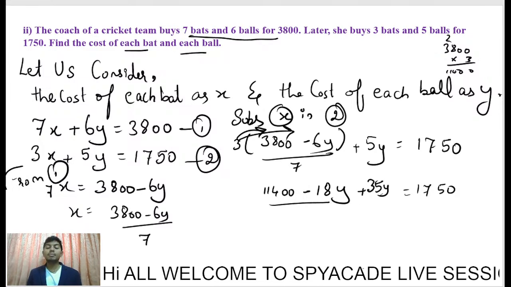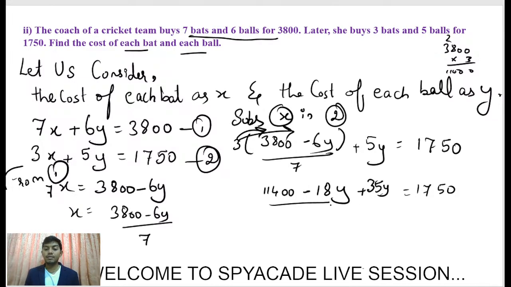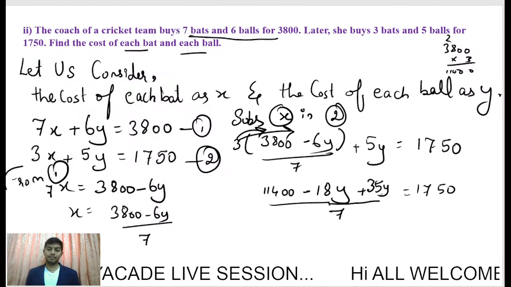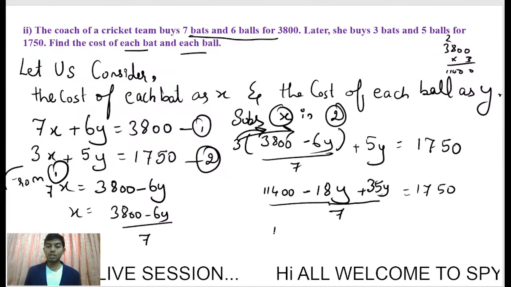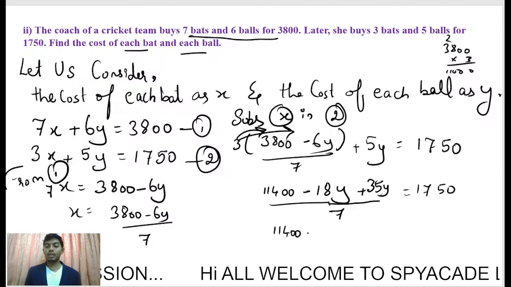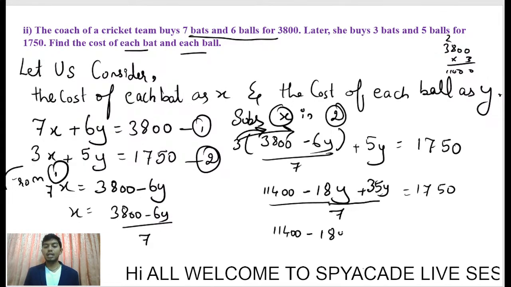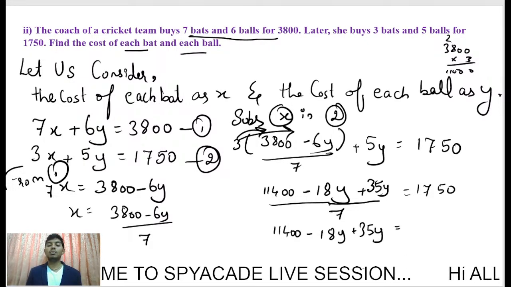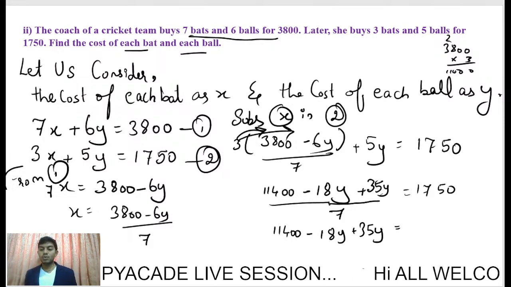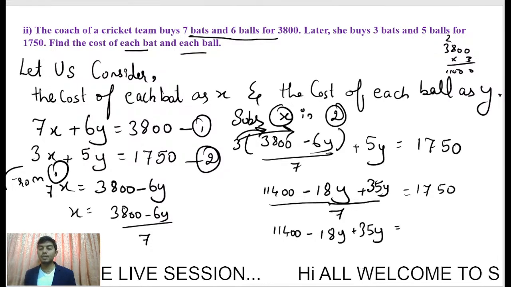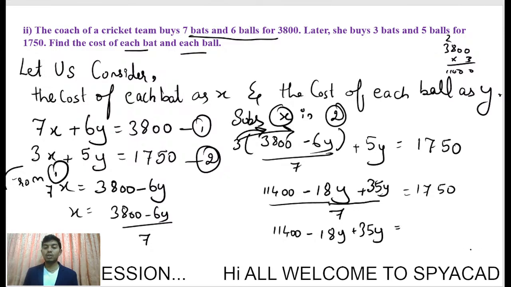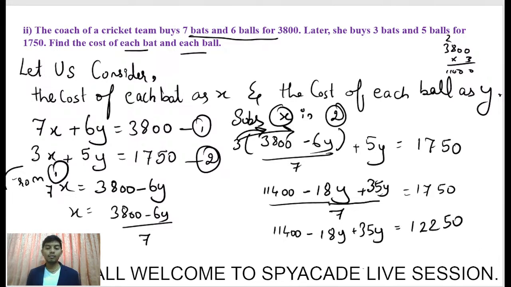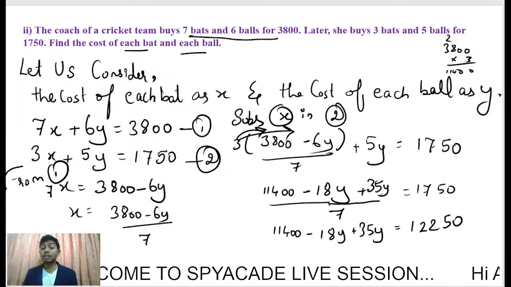Here this will become 35, 5 7s are 35, the whole divided by 7. So your equation will become 11,400 minus 18y plus 35y is equal to 1750 into 7, which is 12,250.